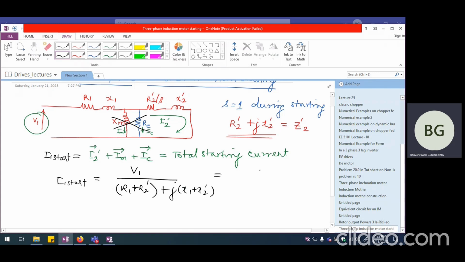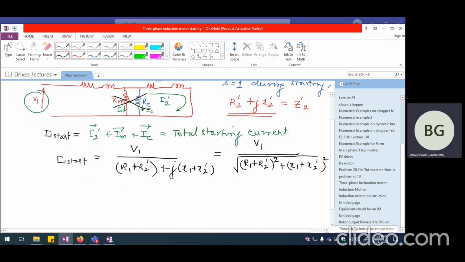So I can write this as V1 divided by the square root of R1 plus R2 dash the whole square plus X1 plus X2 dash the whole square. This is what is going to be the current drawn by the induction motor during starting.